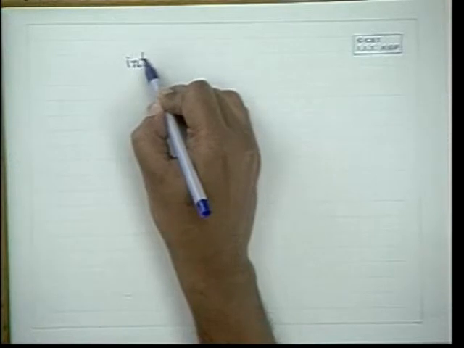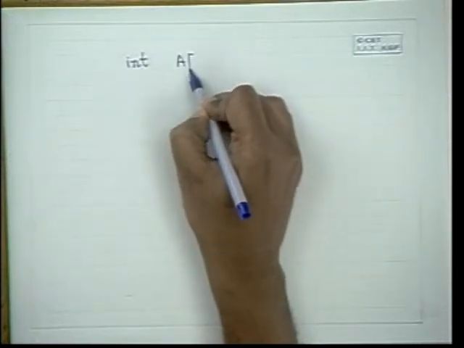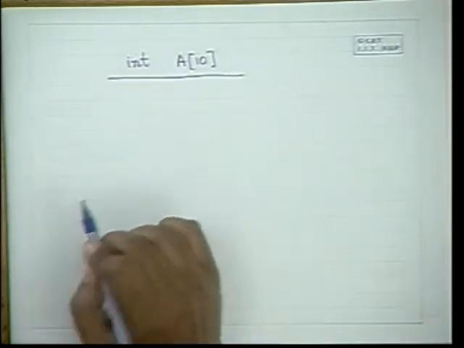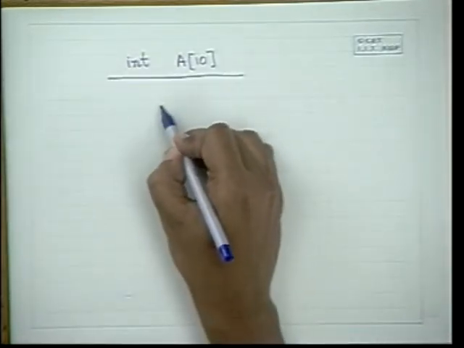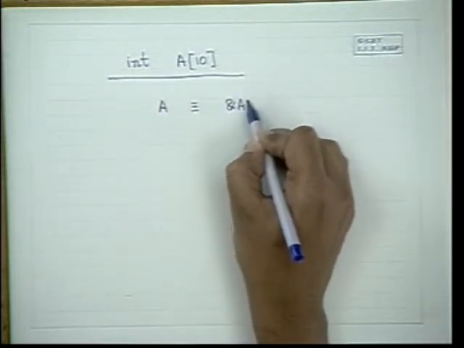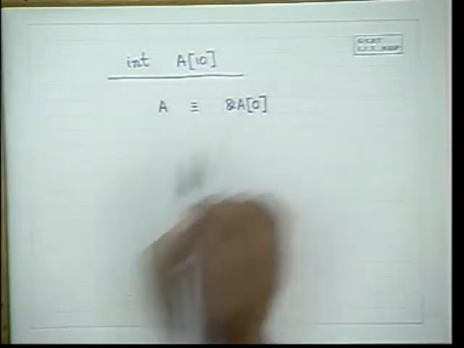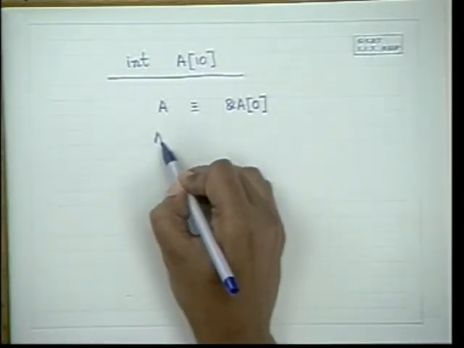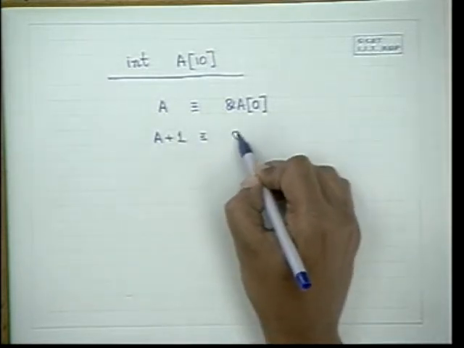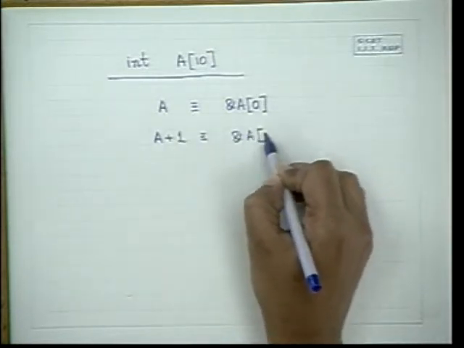Secondly, there is a content and the address location. Suppose I declare int A[10]. Then A is the same as &A[0]. A plus 1 is the same as &A[1].